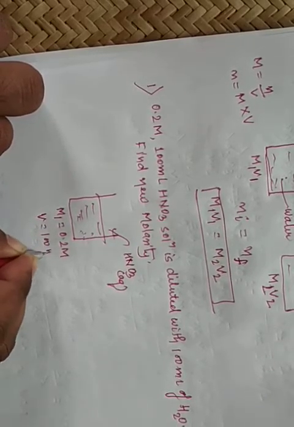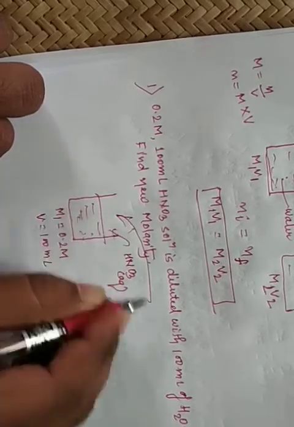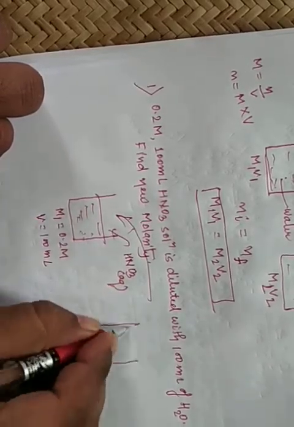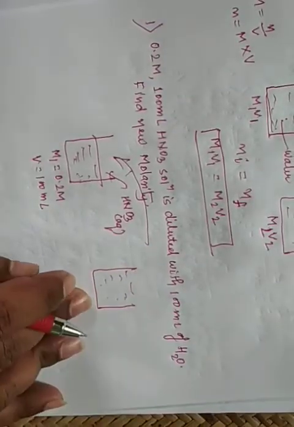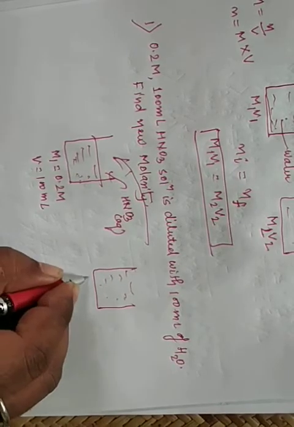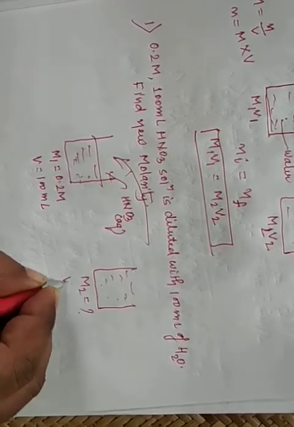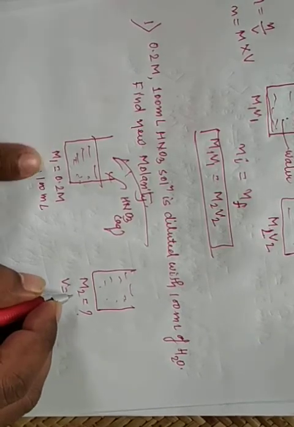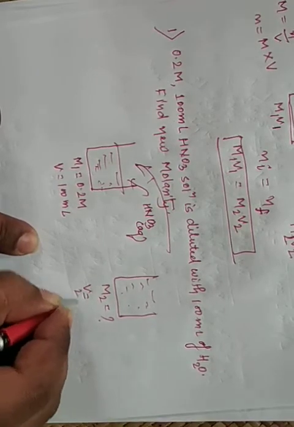You add more water, 100 ml of water is given. So you add 100 ml of water. You find the new molarity and the volume. Here the volume was 100 and you add 100 ml more. So now the second volume is 200 ml.